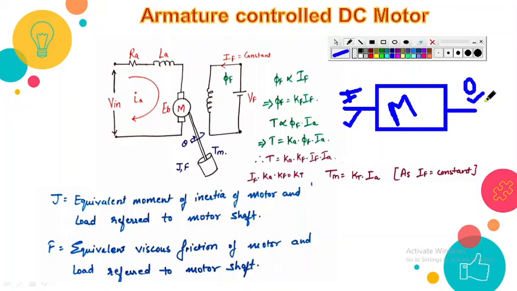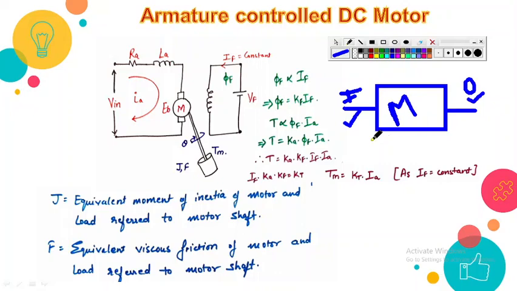Talking about the motor, it will have a stator part and a rotor part. In terms of armature and field circuits, we have a field circuit which generates the magnetic flux, and due to the electrical supply given to the armature circuit, there is an armature current, and due to that armature current another flux is generated, known as the armature flux.